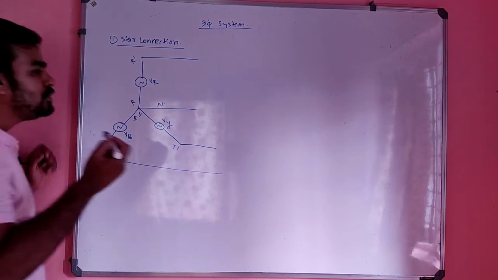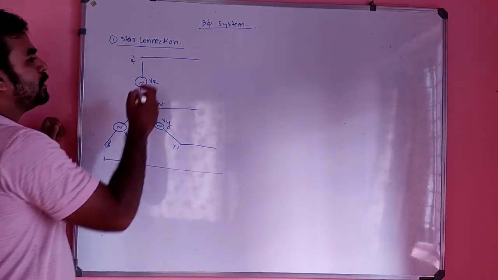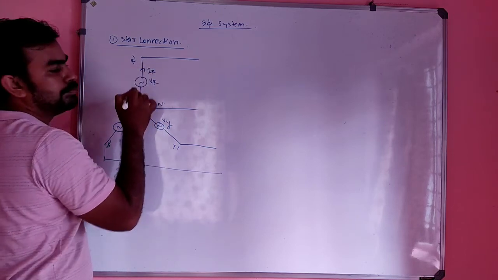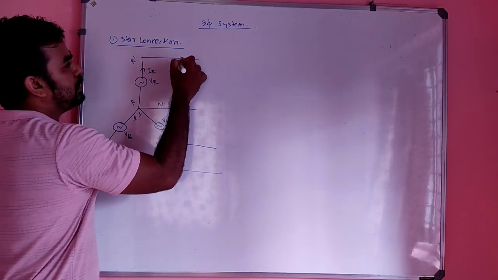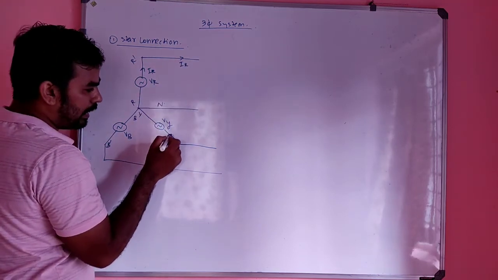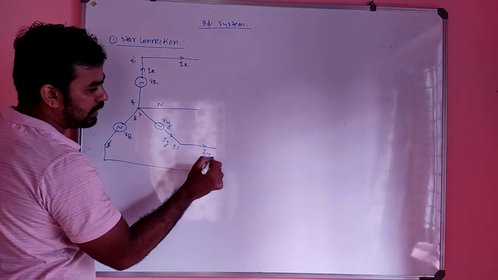And we have to see some important terms regarding the star connection. Due to this VR, there is a current IR, and the same current comes here, that is IR. Due to this VY, there is a current IY, and the same current comes here.